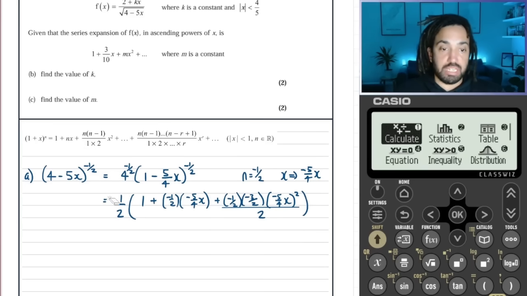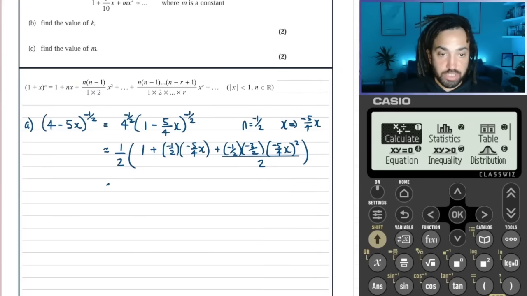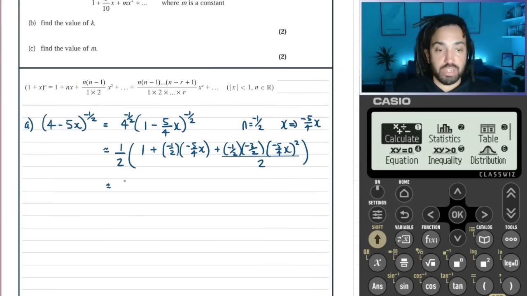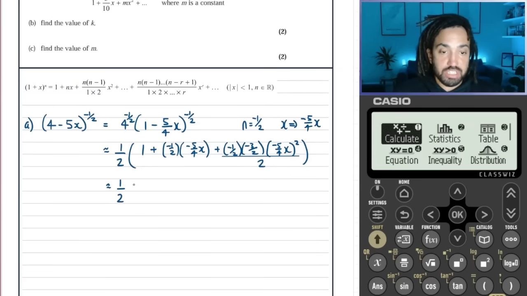And what we'll do is we'll just quickly change that to approximately equal to, because we've not used all of the terms, so we're just using the first three. Okay, so that's a half. Let's simplify all this up then. So we've got 1. We need to do all this on our calculator perhaps, or maybe we can just do it in our heads, because 2 negatives make a positive, and we're going to have 5 over 8x.